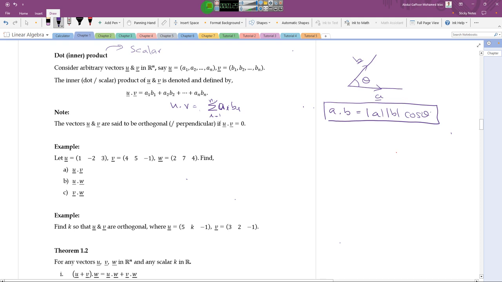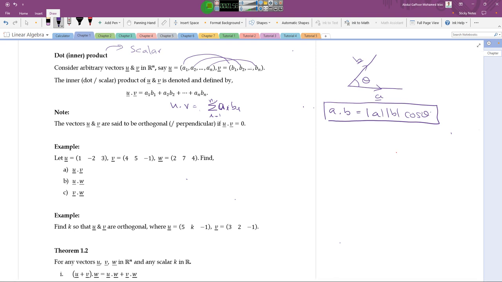So if I have vector u whose components are a1, a2 all the way to an, and vector v whose components are b1, b2 all the way to bn, then if I take the dot product of these two vectors, I simply have to multiply the corresponding entries and sum them. So a1 b1 plus a2 b2 plus a3 b3 all the way to an bn.